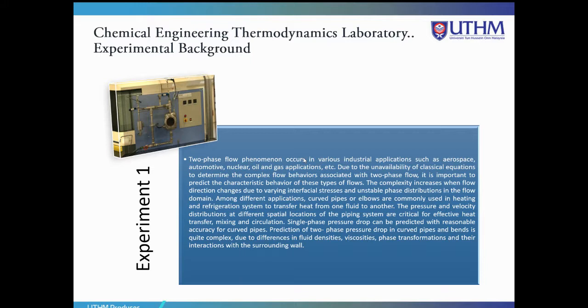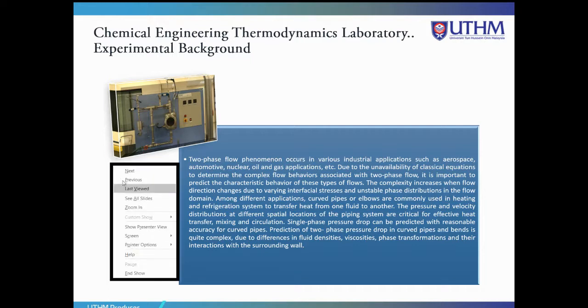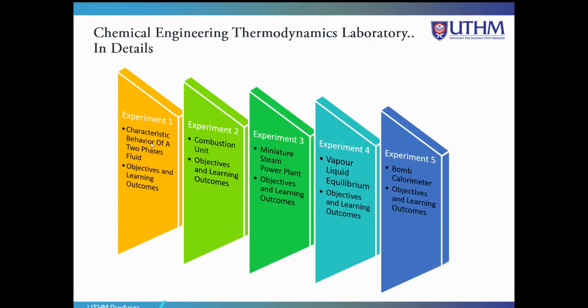For experiment 1, I will explain a bit and give you the experimental background of what each experiment is really about. Basically, experiment 1 is, like the previous slide mentioned, the characteristic behavior of a two-phase fluid.